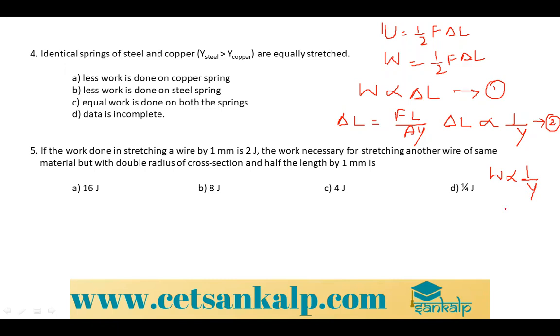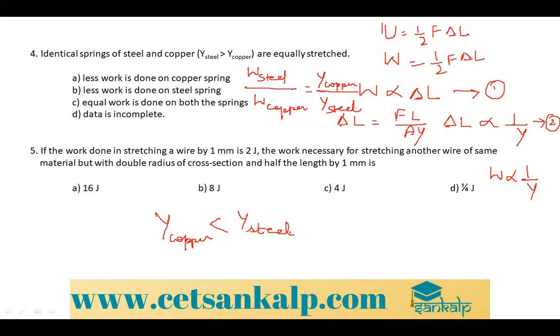So I can write it as work done in steel divided by work done in copper, that is equal to Y copper divided by Y steel. As you know that Y copper is less than Y steel.